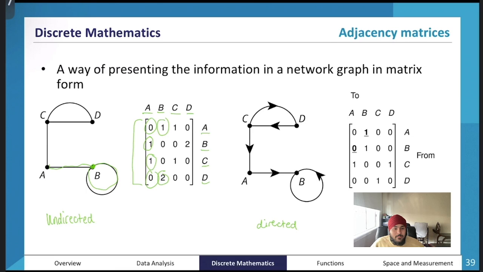Oh, wait. Sorry, I think there's something wrong with this network. The 2 should be here. Sorry about that, guys. Yeah, so the 2 should be there. And then looking at C, C is connected to A, and it's connected to D 2 times.